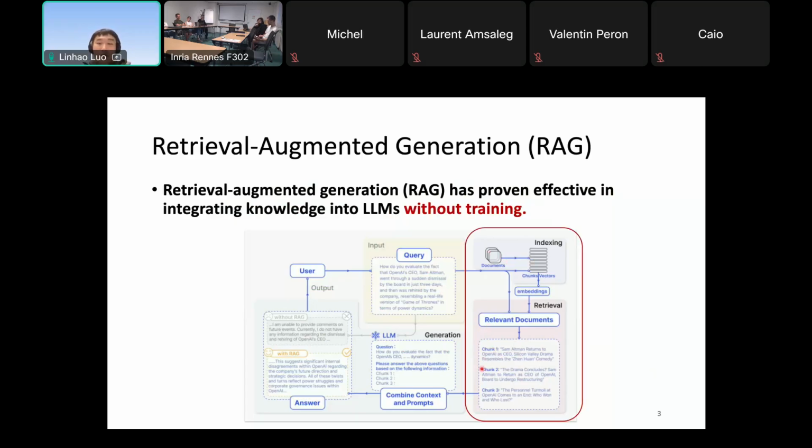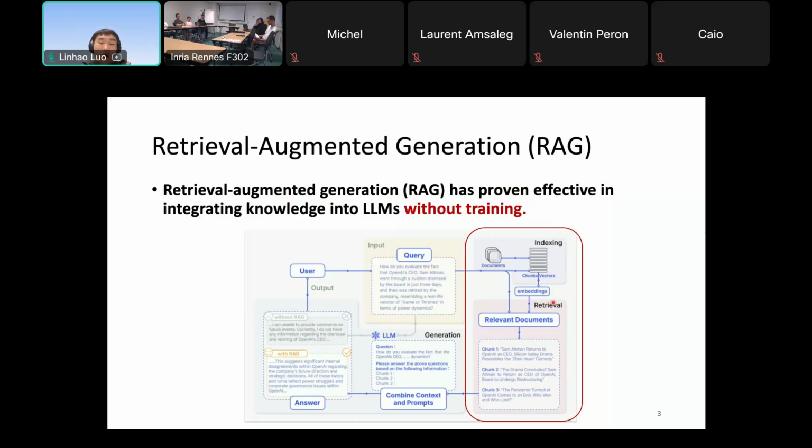There are two key components in a RAG system: indexing and retrieval. For indexing, we utilize an embedding model to generate a representation for each document.